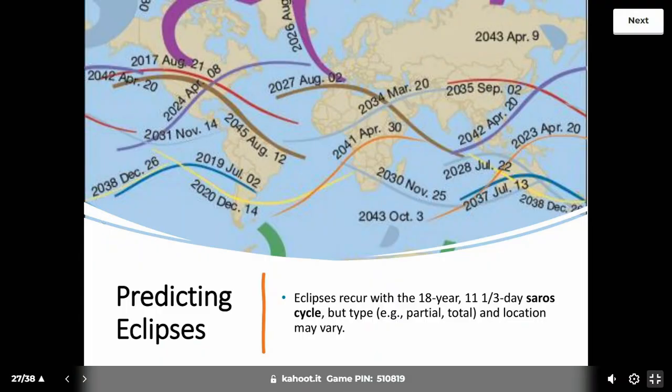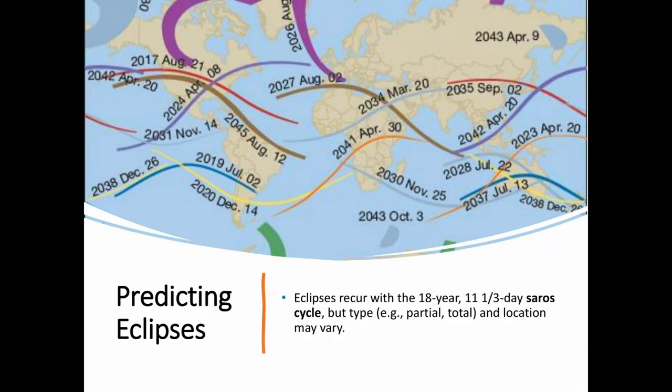Here is a map of the total solar eclipses that will be happening for the next, let's see, what does it go up to? 40? So the next 20 years. This blue line going through the US is the total solar eclipse that happened last year.